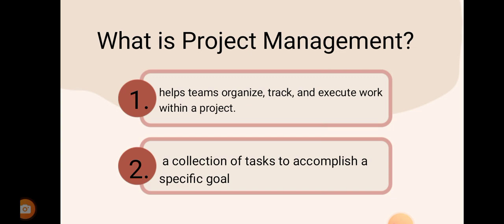First, let us discuss what project management is. Project management helps a team organize, track, and execute work within a project. From the word organize, it helps you organize the tasks that are needed to accomplish for the project to be delivered.